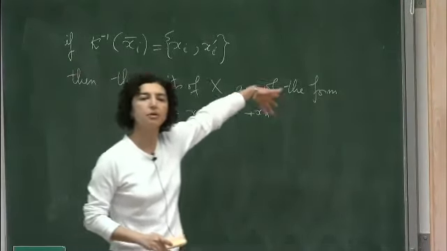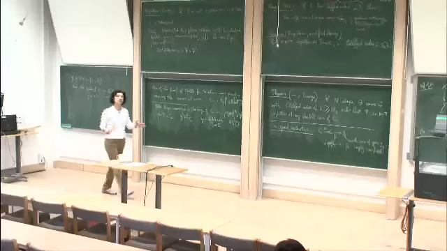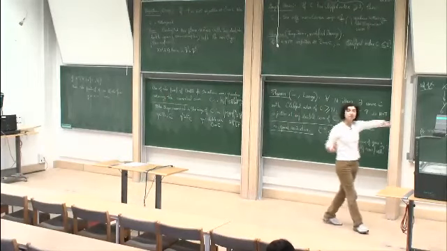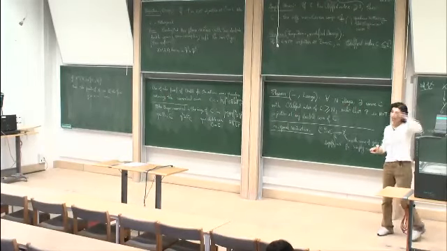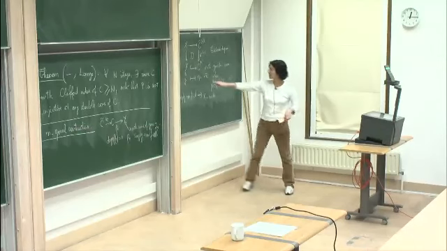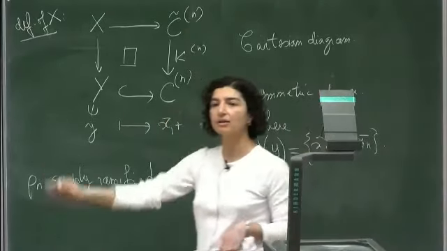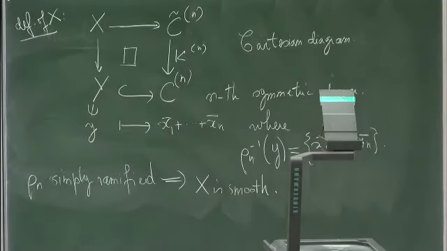Those will also be points of X. So basically I'm taking a point of Y, looking at its pre-image, and then lifting each of those one by one to C tilde. For each of them, I choose a pre-image in C tilde, and then I add those. I get a divisor on C tilde.